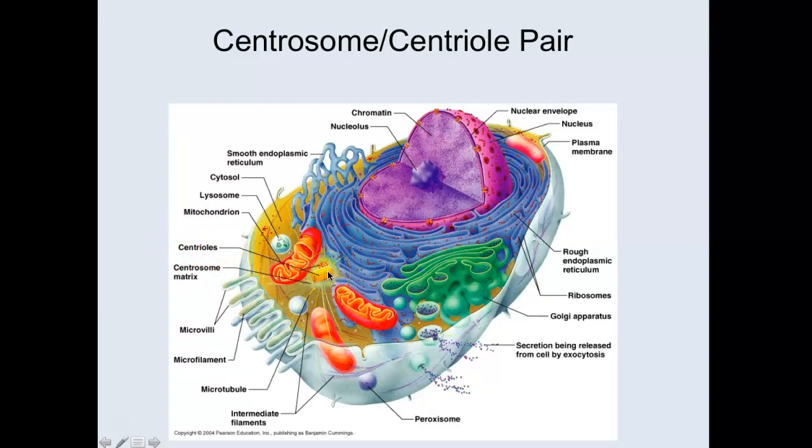They kind of look like those licorice candies, like those really short, sort of hollow licorice candies. Anyways, but there's two of them, and they're at like right angles to each other. We're going to talk more about these in mitosis and meiosis. They help move the chromosomes around, but they have microtubules growing out of them. So their job is to move chromosomes around, and they're made of microtubules. So it's related to the cytoskeleton.